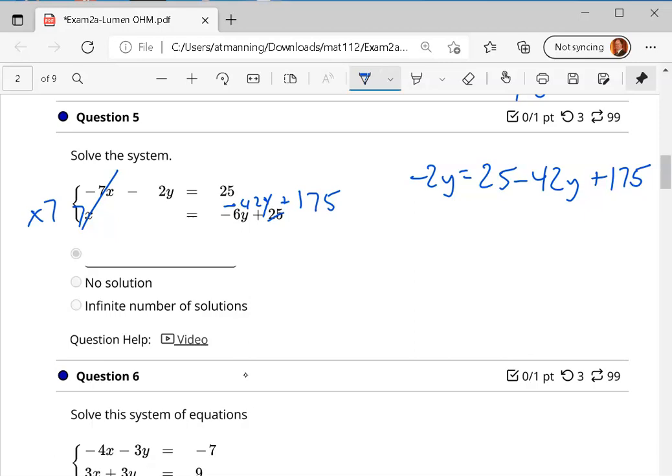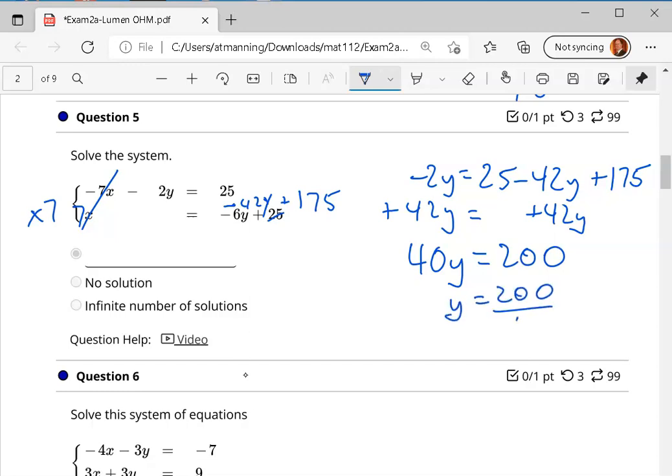And let's add 42y to both sides. And what do I get? 42 minus 2, I get 40y equals 200. And divide by 40, y equals 200 divided by 40. And that's a little easier number. That is equal to 5.